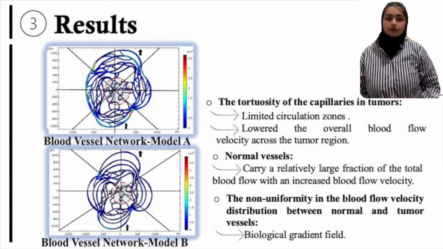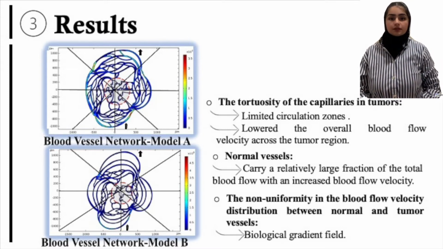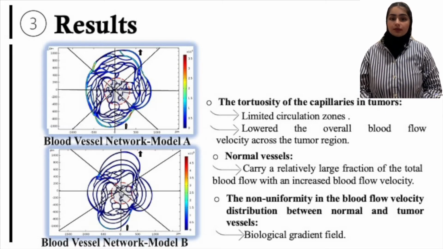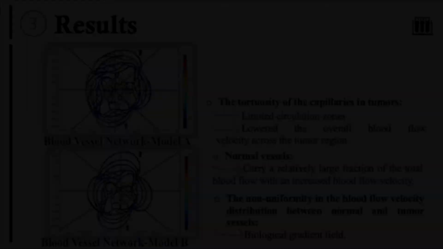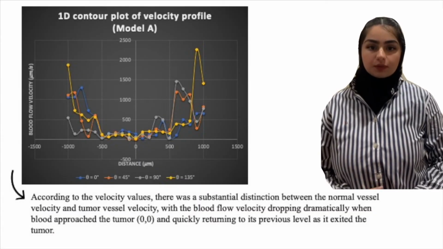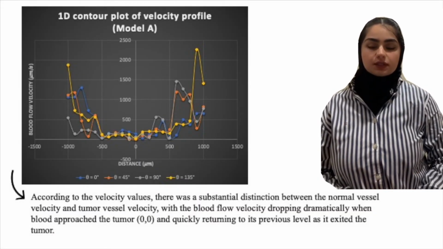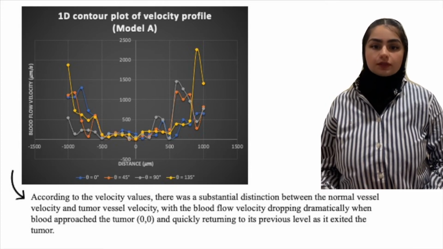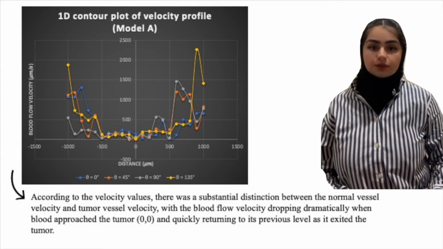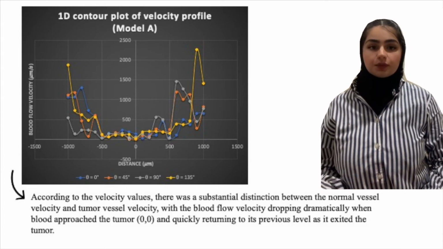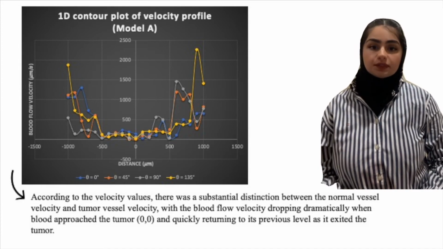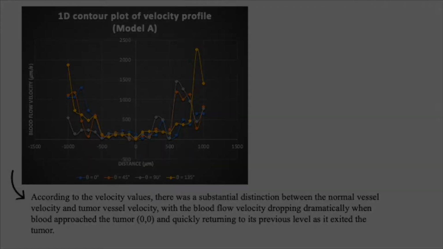Consequently, the non-uniformity in the blood flow velocity distribution between the normal and the tumor vessels can be used as a biological gradient field. In the Model A contour plot, there was a substantial distinction between the blood flow velocity for the normal vessels and the tumor vessels, with the blood flow velocity dramatically dropping when blood approached the tumor and quickly returning to its previous level as it exited the tumor.